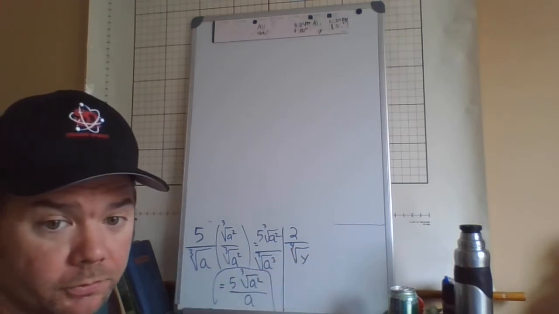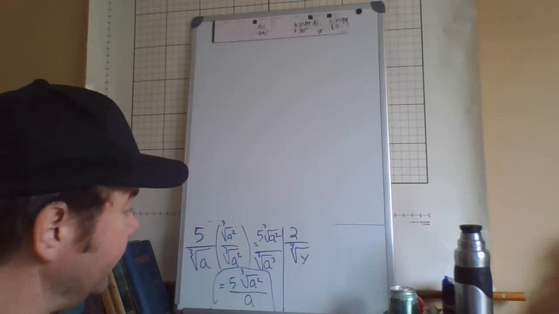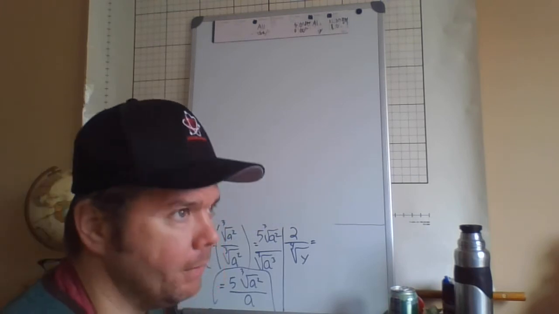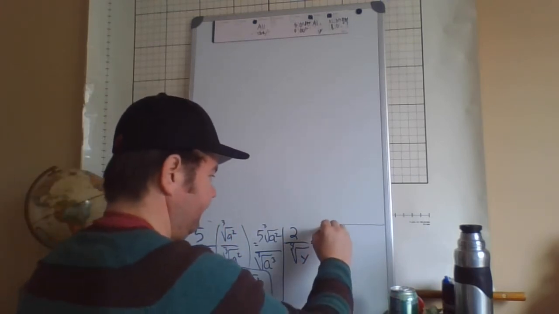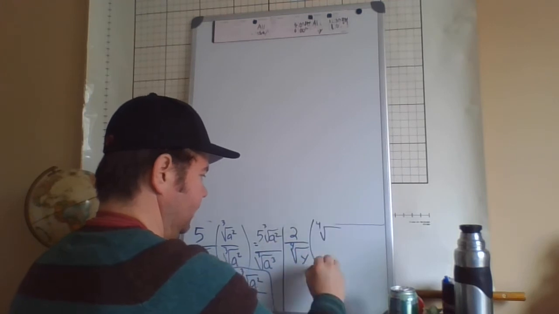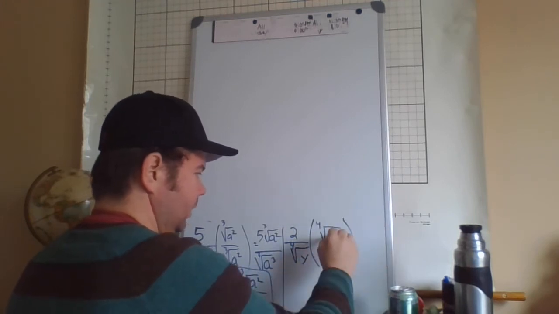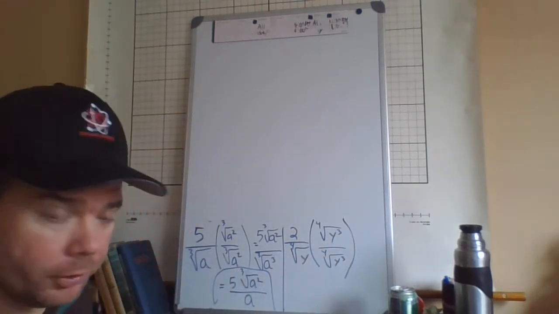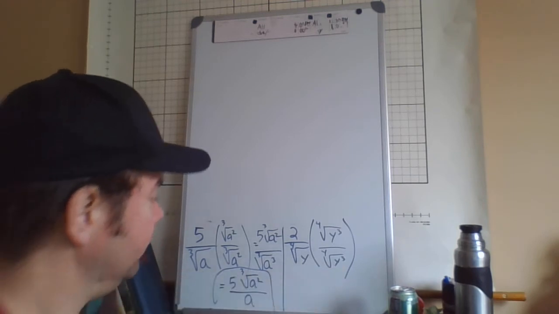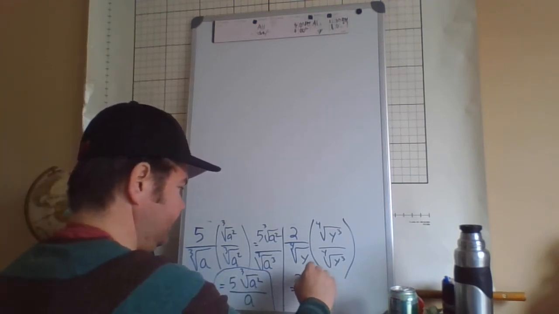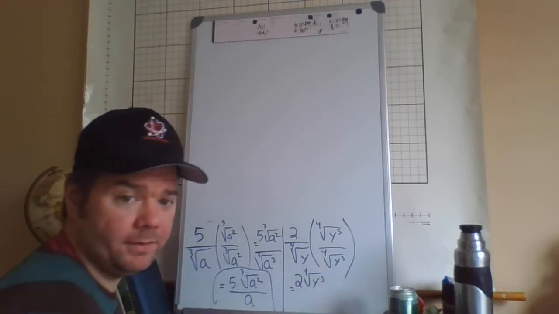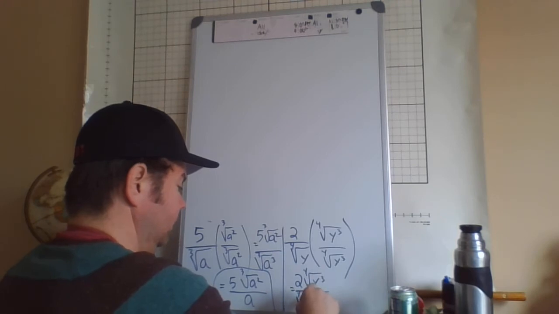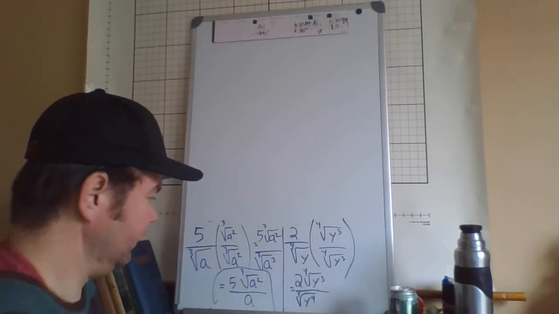This one right here is the same kind of situation. I've got the fourth root of y, so I have to make y into a perfect fourth root. What do you have to multiply by y to get y to the fourth? I'm going to multiply top and bottom by the fourth root of y to the third, because y times y to the third equals the fourth root of y to the fourth down here.